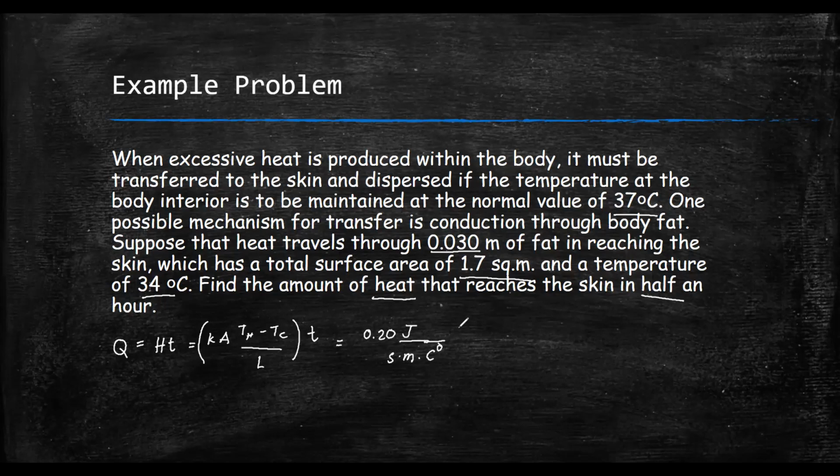Again, it's your assignment to look for the thermal conductivity of other materials. Now let's substitute the values: the area is 1.7 square meters, the temperature difference is 37 minus 34 Celsius degrees, all over L, which is 0.03 meter.